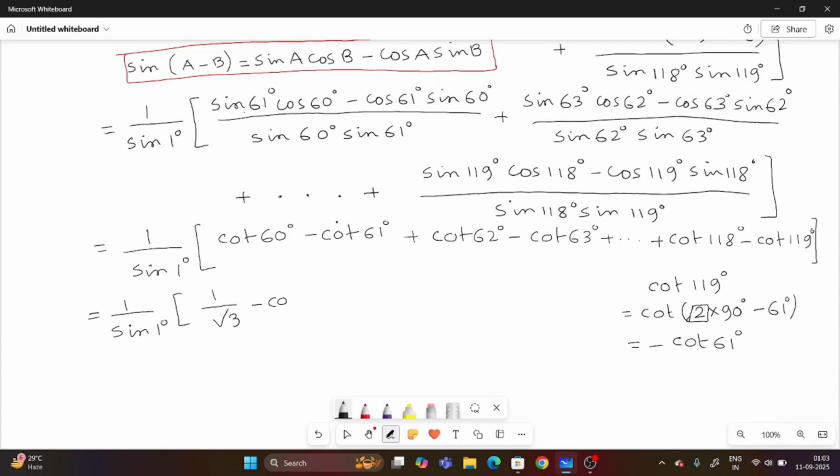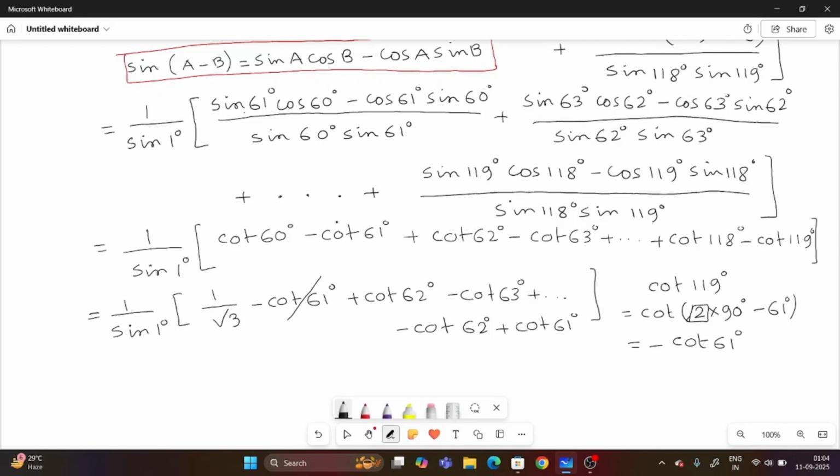So minus cot 61, plus cot 62, minus cot 63, plus, continuing thus, cot 118 degree can be written as minus cot 62, and since cot 119 degree is minus cot 61, so minus cot 119 degree can be written as plus cot 61.